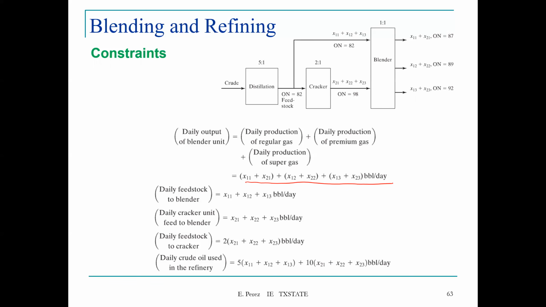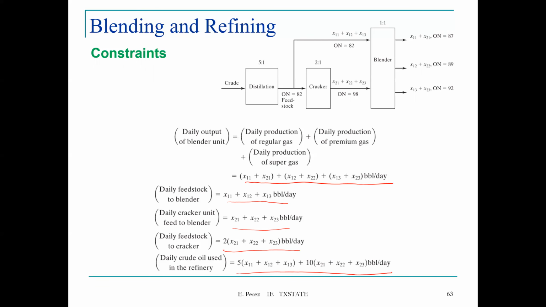So we have the daily feedstock to blender. We have the daily cracker unit feed to blender. And we have the daily feedstock to the cracker. And the daily crude oil use in the refinery.